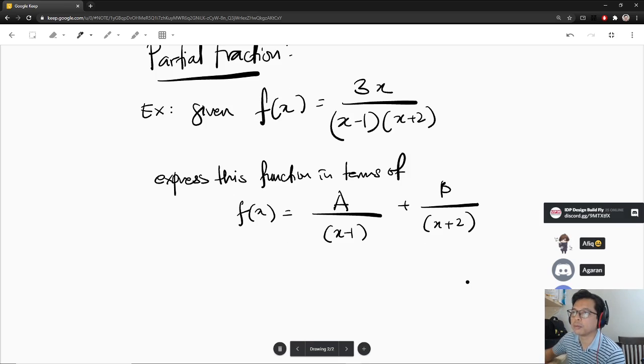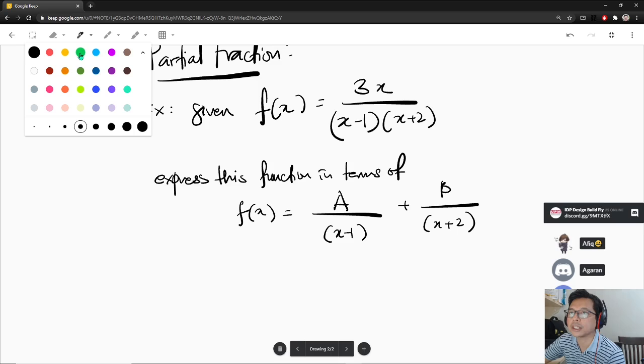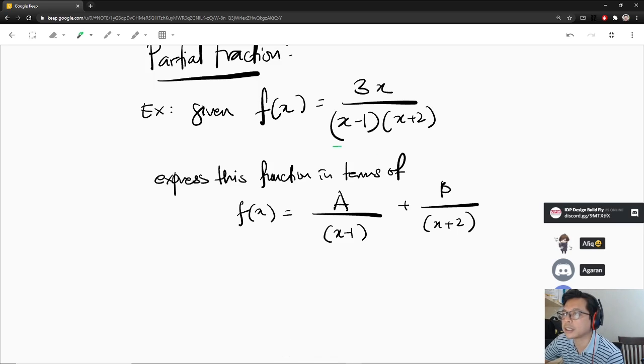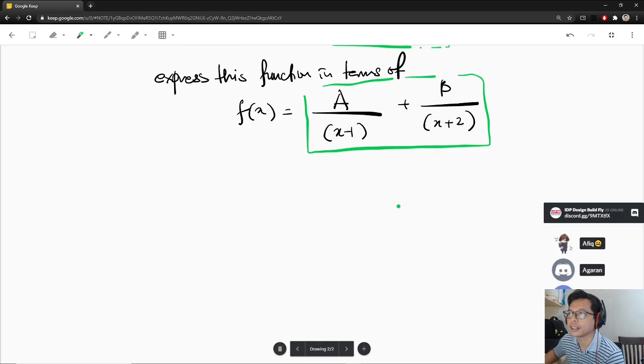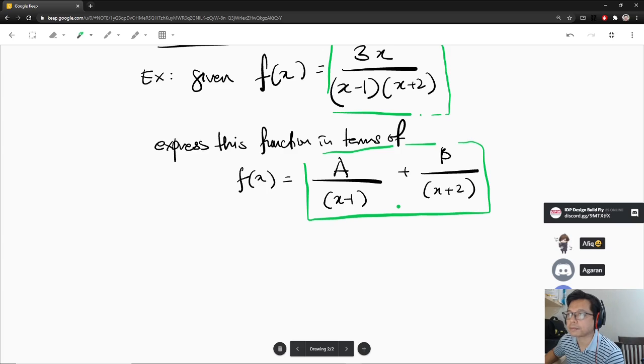So basically the question is asking you to express this right here in this form. You break this into two terms. How do you do that?